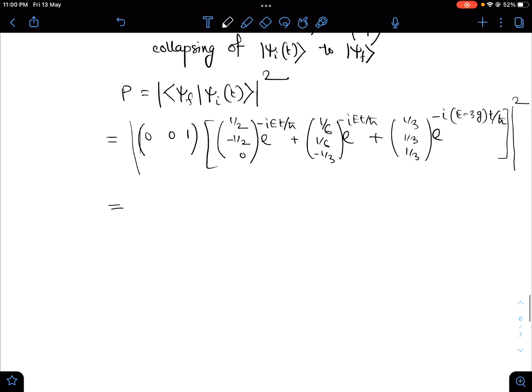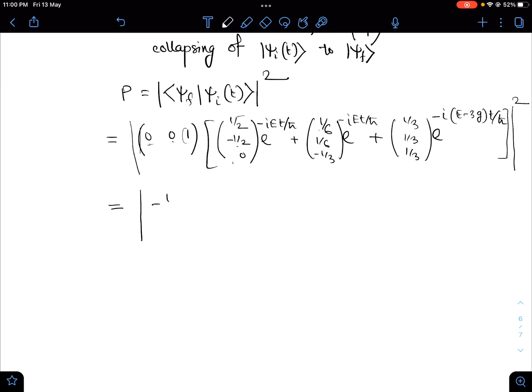So what will be the answer? For the first multiplication, this product will be 0, and this product will be 0, so we will get nothing. For the second one we will have 0 multiplied by 1 by 6.